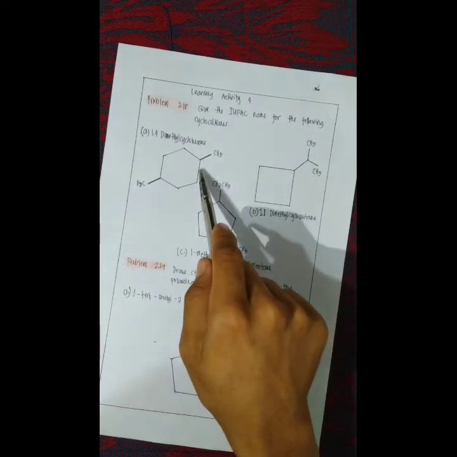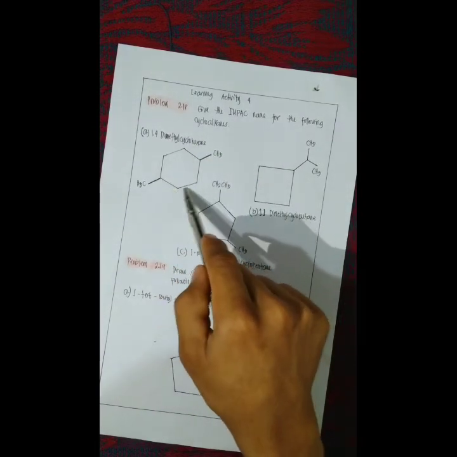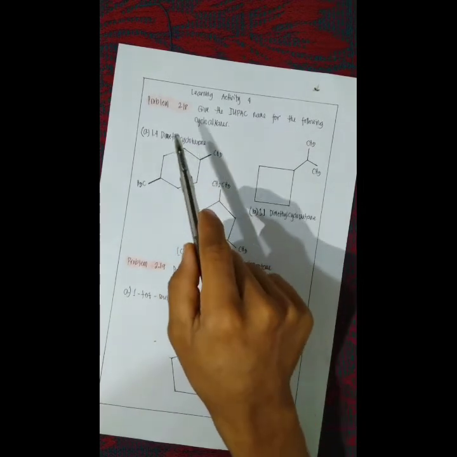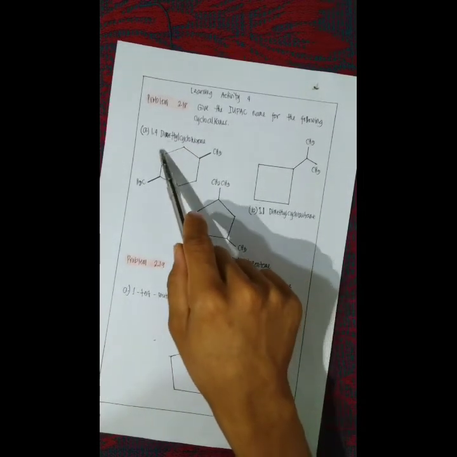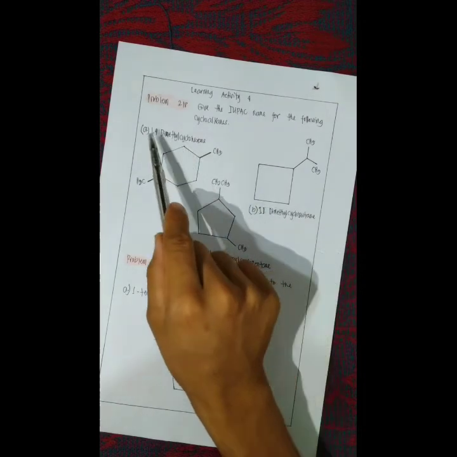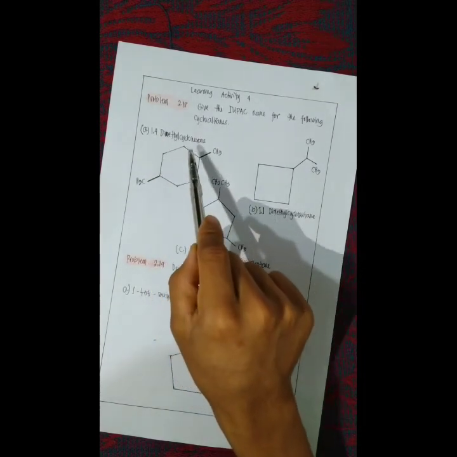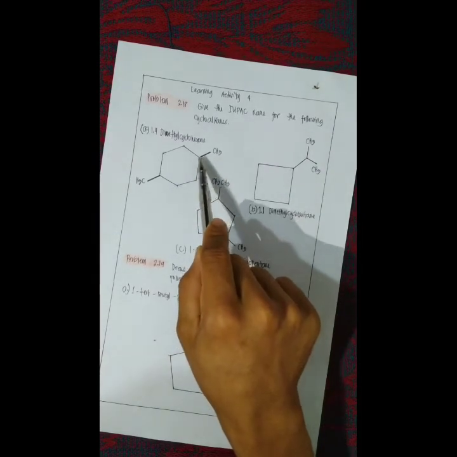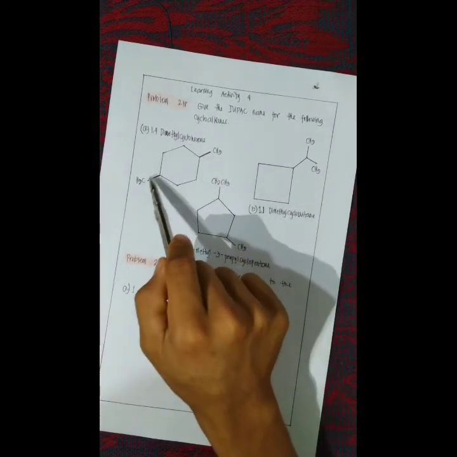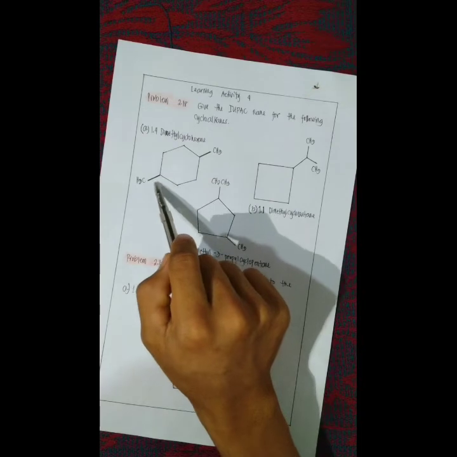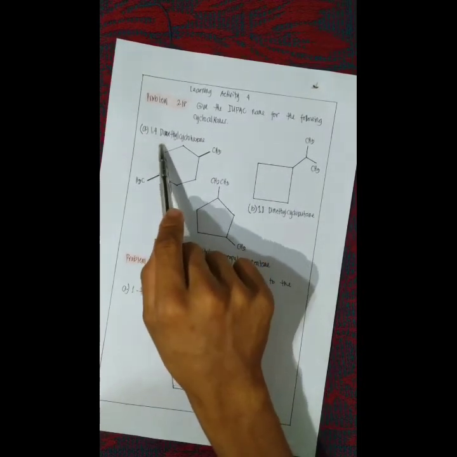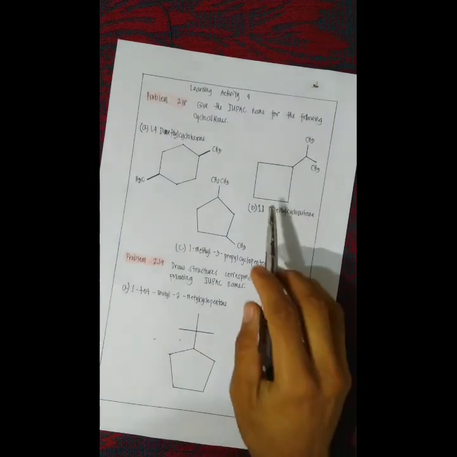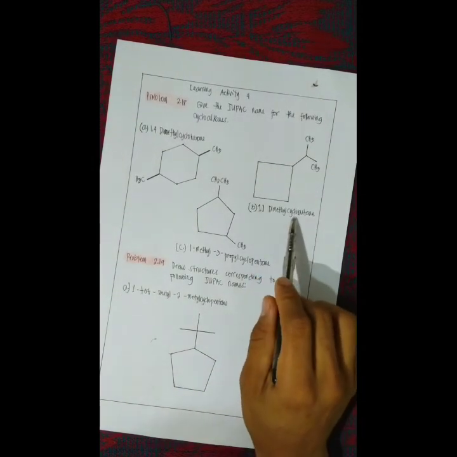This cycloalkane is called cyclohexane because it has six carbon atoms. So 1,4-dimethyl cyclohexane because the first methyl is in the first position, then the other methyl is in the fourth position. That's why 1,4-dimethyl cyclohexane.